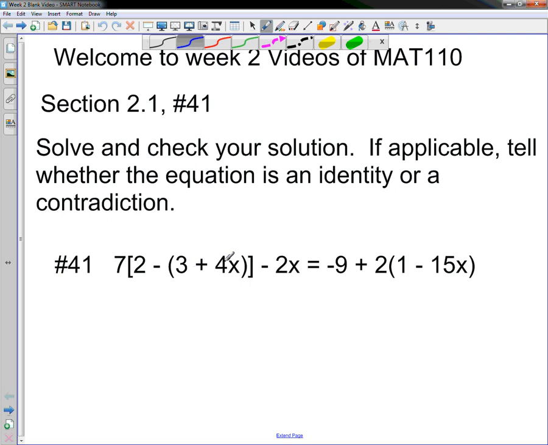3 plus 4x, those aren't like terms, so there's nothing I can do there. I do notice that there's a negative 1 in front, so I'm going to distribute that in. That's multiplication, negative 1 times everything else. Notice how I just keep rewriting things as we work through this problem.